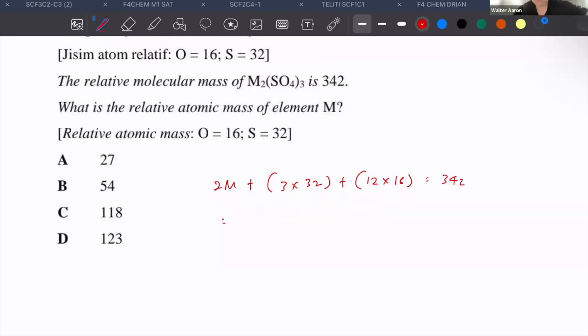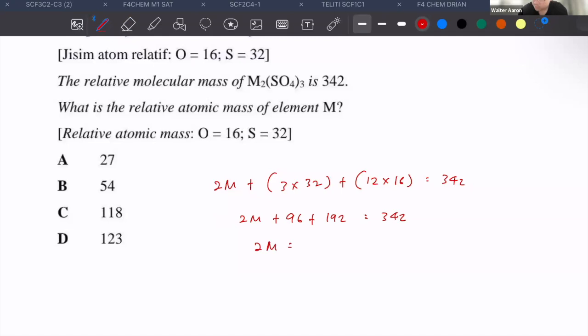If you use your calculator, that'll be 2M plus 96 plus 192. Supposedly this will be equivalent to 342.